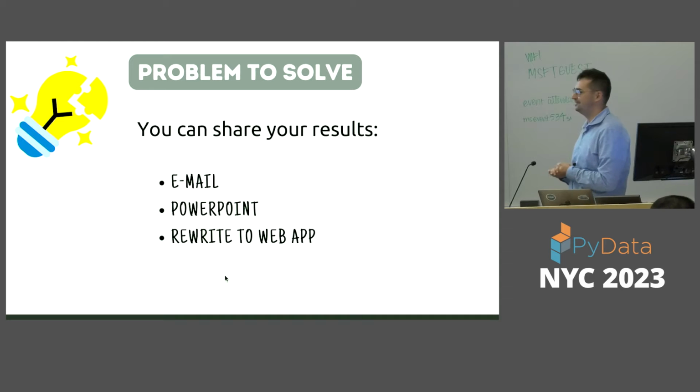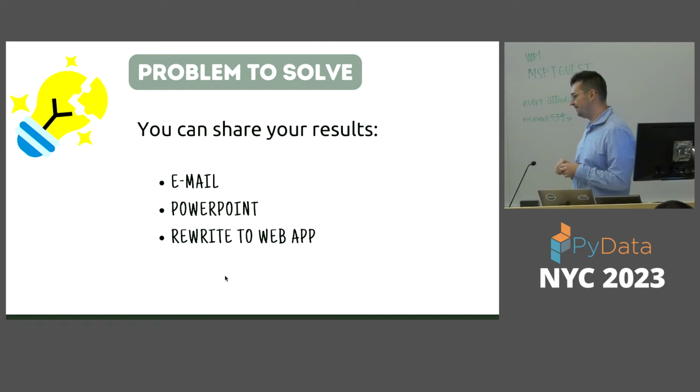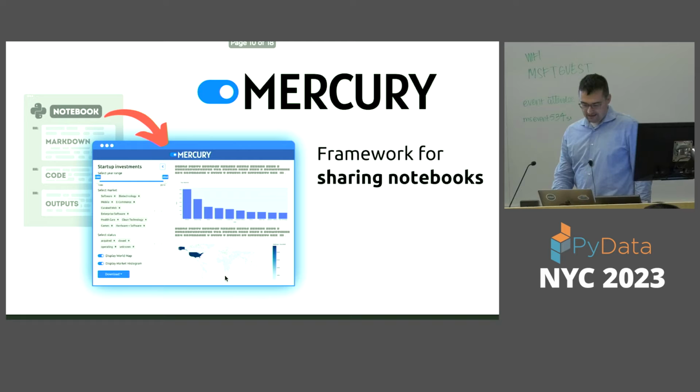So what are you doing? You are copy-pasting your results into an email, or you are creating an amazing PowerPoint presentation, or you need to rewrite everything into a web app. There are plenty of tools and frameworks for writing a quick web app in Python only, but you still need to rewrite your code to fit into that framework.